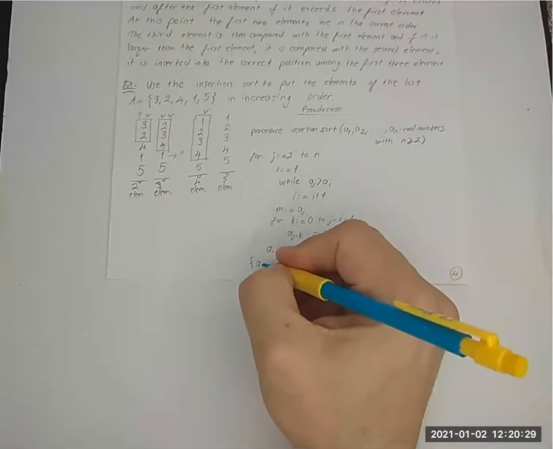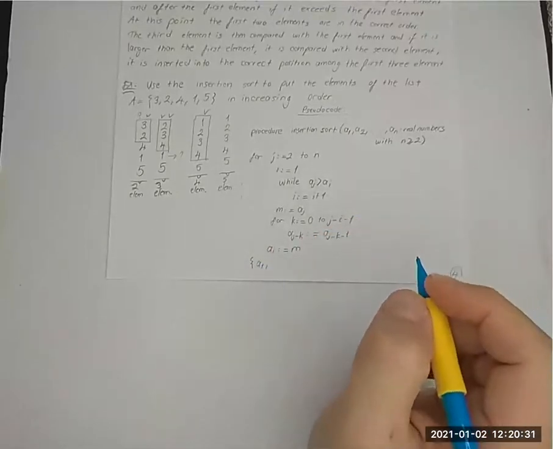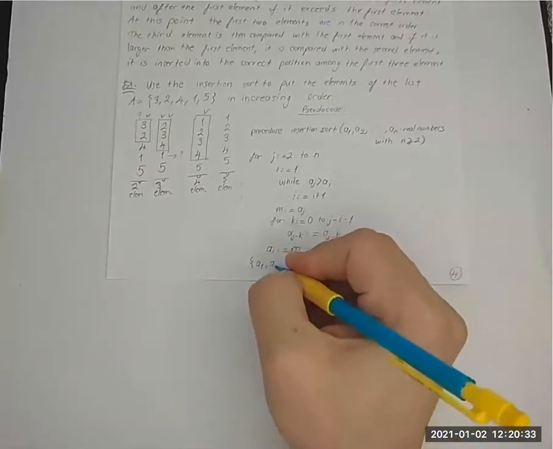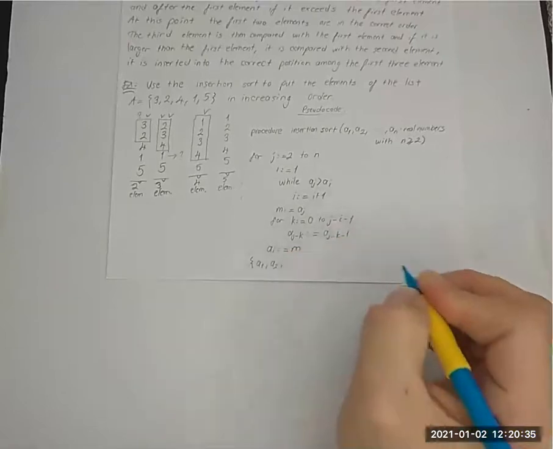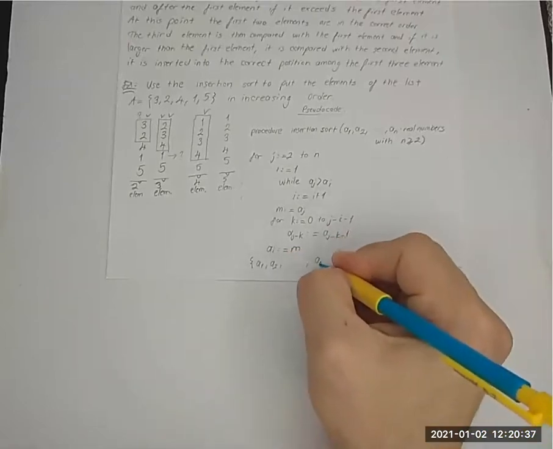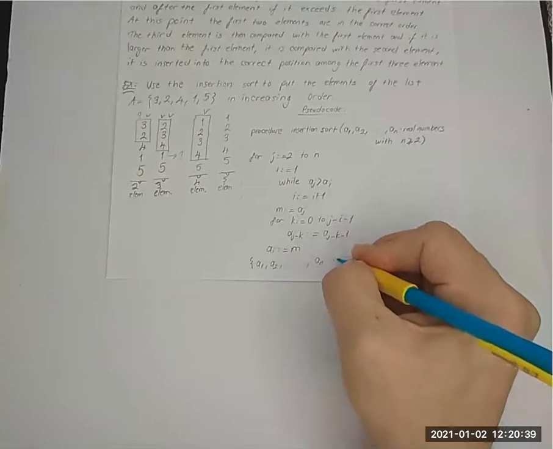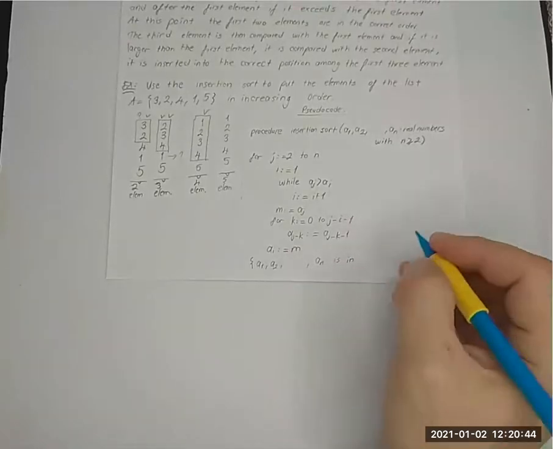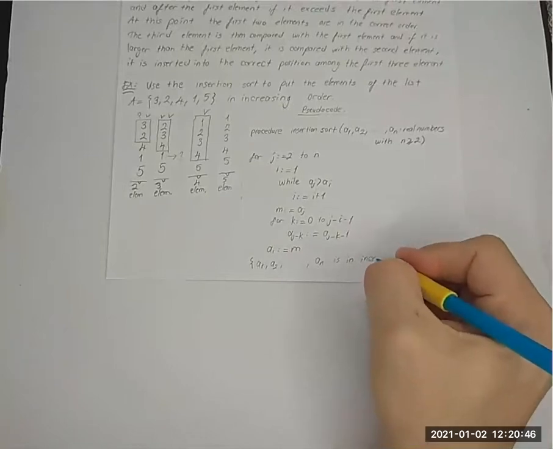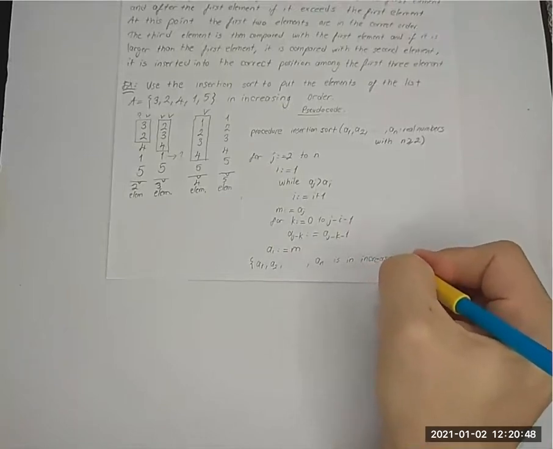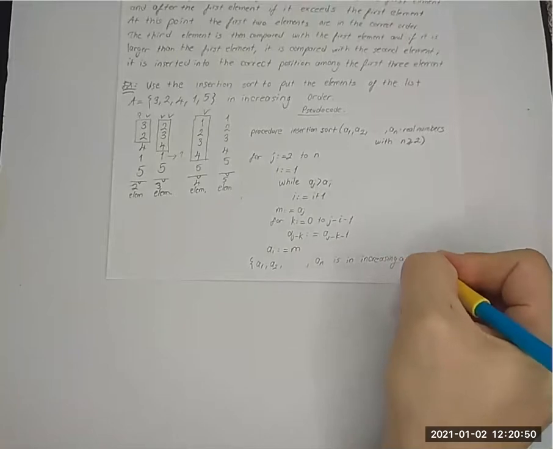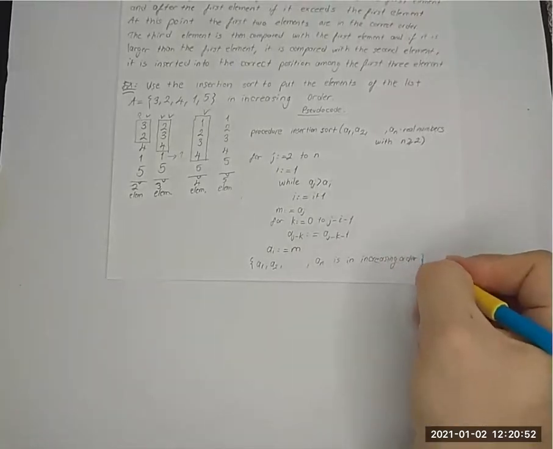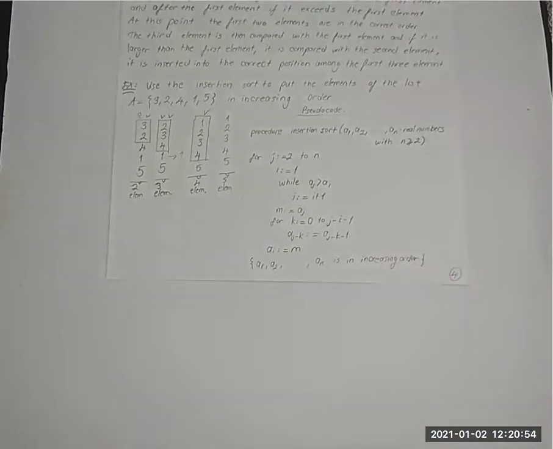A1, A2, and A sub n are in increasing order. Finally, we will get 1. Any question?